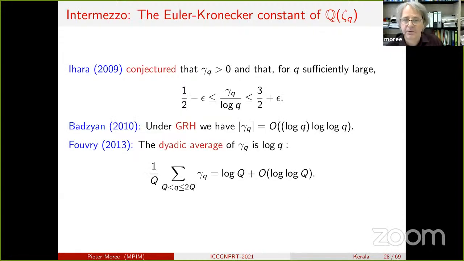The Euler-Kronecker constant of a cyclotomic field Q(zeta_q): it behaves something like a logarithm of q, and on average, it's the logarithm of q. This is what Fouvry showed, co-author also of Michel.